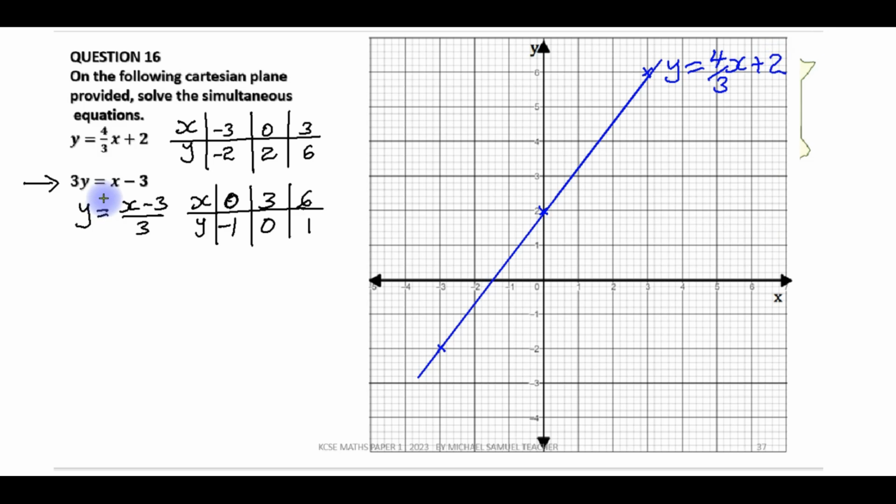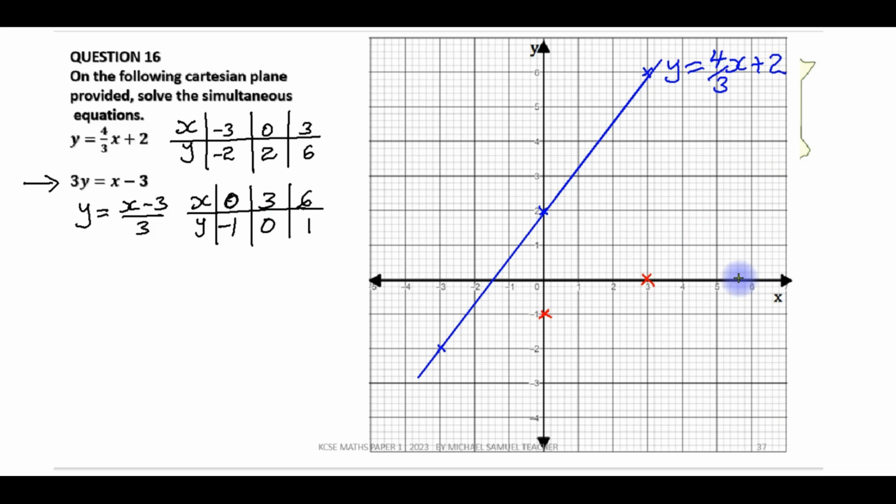Then we have the other equation. So we plot the other equation. When x is 0, y is minus 1. That point. When x is 3, y is 0. This is the point.